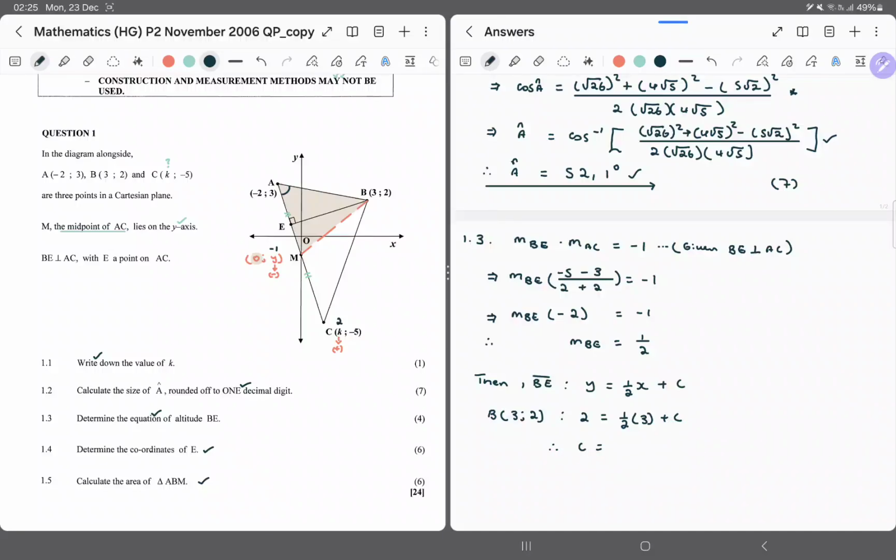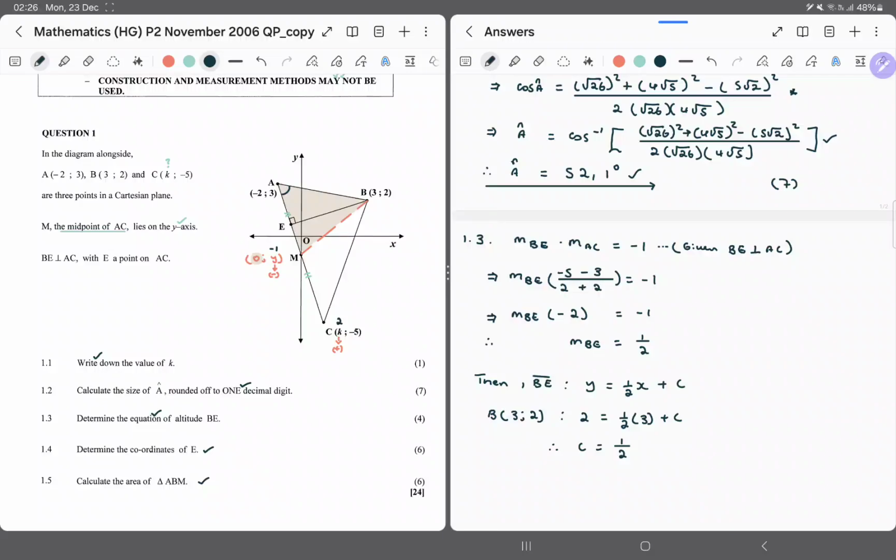Therefore, our c will be 2 minus 3 over 2, which is the same as 4 minus 3 over 2. So this is going to be 1 over 2. Is it 1 over 2? Wait. We're taking 3 halves from 2. Yeah, we remain with just a half.